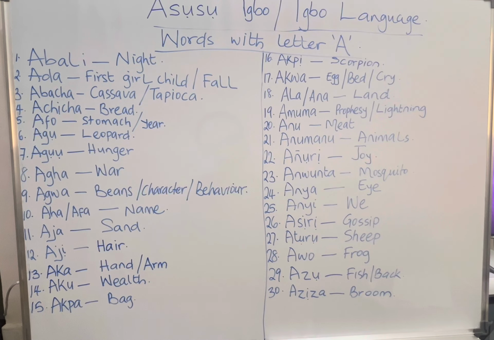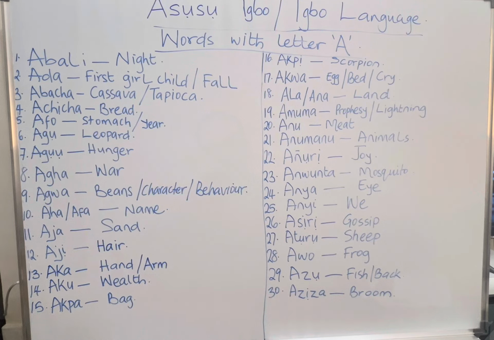Number 3, we have abacha. Abacha has two different meanings, though the same thing. It's just a species. There we have cassava and tapioca. That is number 3, abacha.